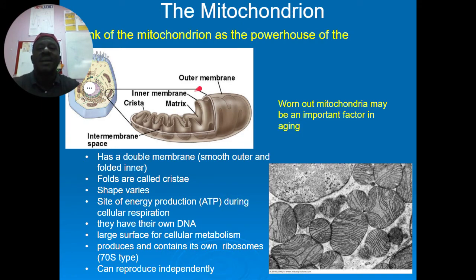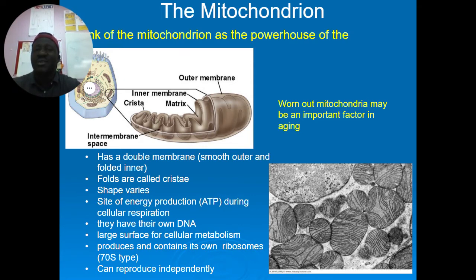It is a double membranous organelle, with the outer membrane smooth and entire, and the inner membrane folded to form an internal structure known as the cristae. The cristae increase the surface area for aerobic respiration, for the enzymes that carry out aerobic respiration.